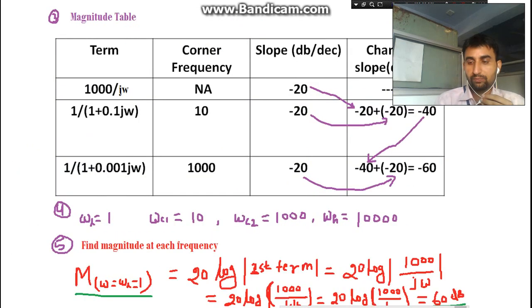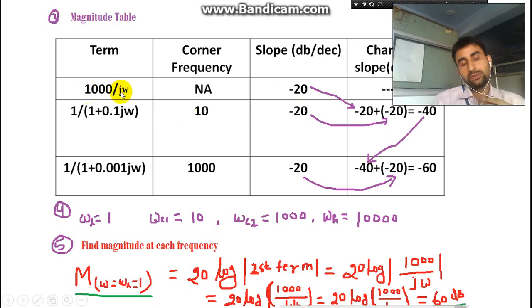So here, the first term will be 1000 divided by j omega, because it doesn't have any corner frequency, so it is not applicable. And the slope will be minus 20. How this slope comes as minus 20, I will explain in the next slide.